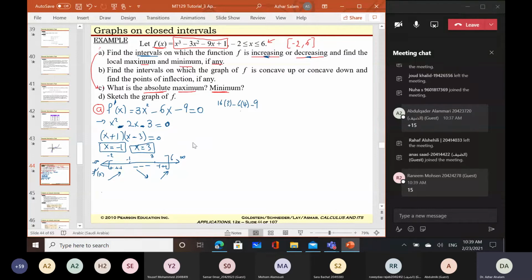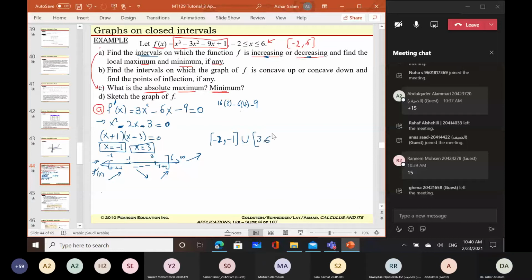So I can say, before the maximum or minimum, from minus 2 until minus 1, and the union from 3 until 6, the function will be increasing.